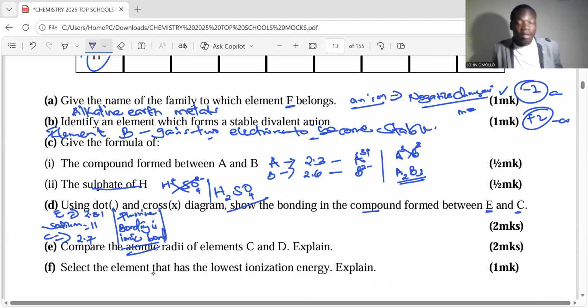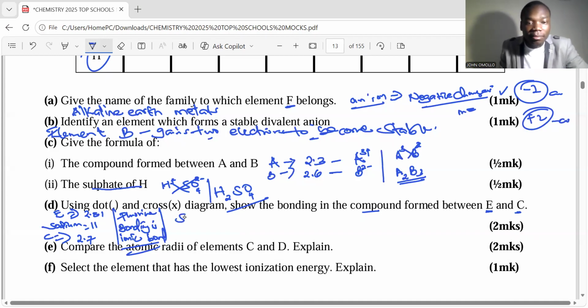The electrons are going to be shared between the sodium atom and the fluorine atom, bringing what we refer to as ionic bond. Ionic bond is a bond formed when two or more atoms share electrons. In this case, sodium is going to donate 1 electron to fluorine, so that fluorine becomes stable and sodium remains stable.